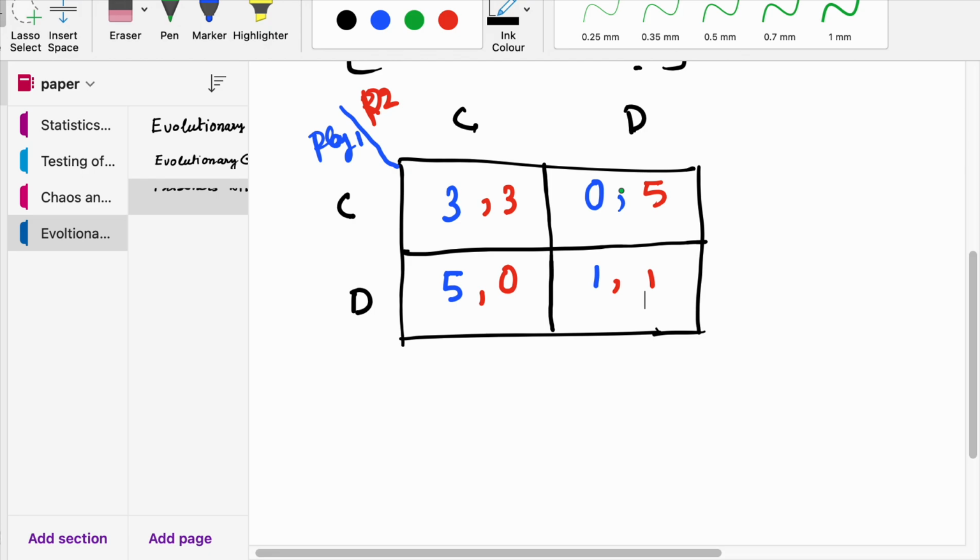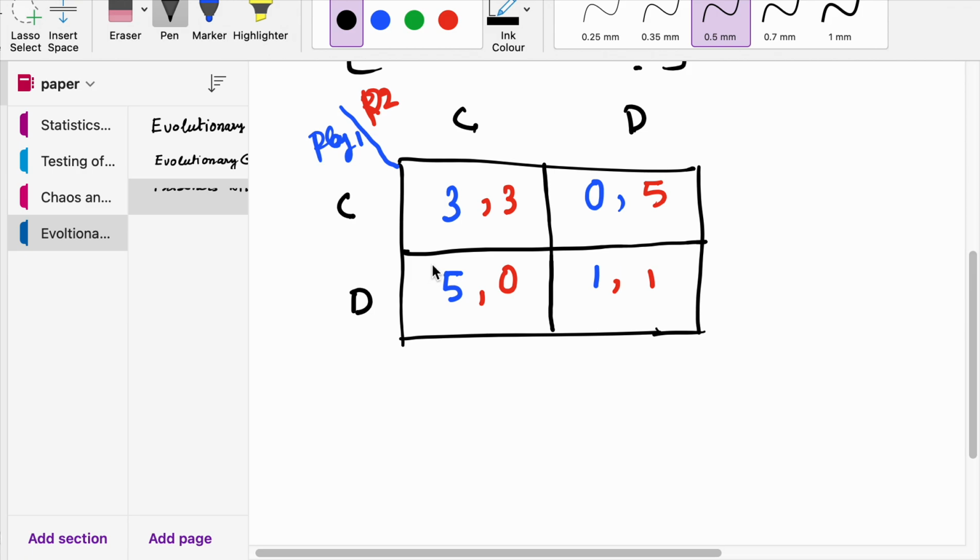If both want to maximize their payoff, then in this first row, since the value 3 is greater than 0, player one will try to cooperate. But if player one defects, he will get an even better value, 5. So player one would like to defect.